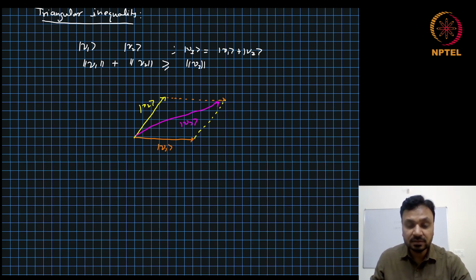So the three vectors v1, v2, and v3 form a triangle. What we are saying in this inequality is that the sum of two sides of a triangle is always greater than the third side. It can be only equal when it's not really a triangle, when v1 and v2 are collinear and the third one is also in the same direction. That's the trivial case, but if we have a valid triangle, then the sum of two sides is always greater than the third side.